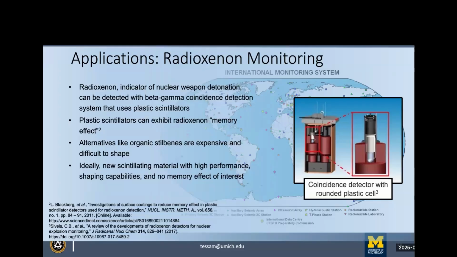They can be detected with beta-gamma coincidence detection systems that use plastic scintillators, but as I've mentioned, plastic scintillators are not as good as the organic glass, and they can exhibit a radioxenon memory effect, causing them to get false signals after trying to use them second or subsequent times.